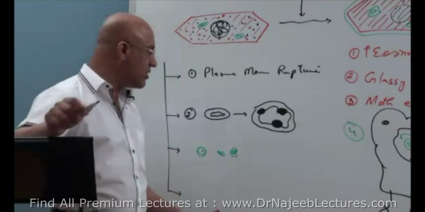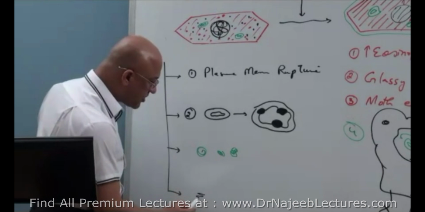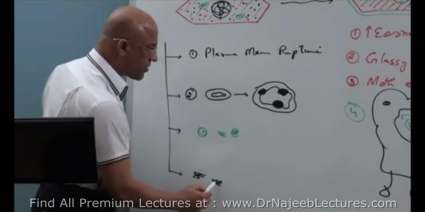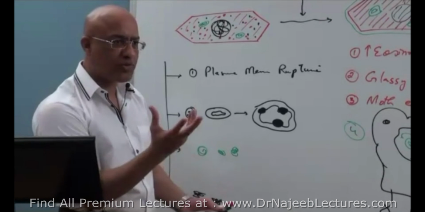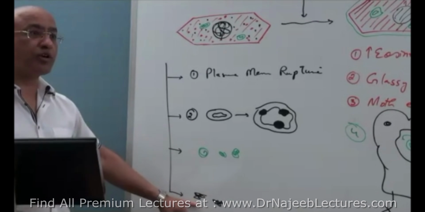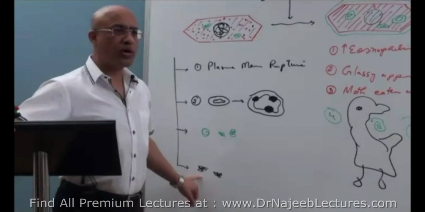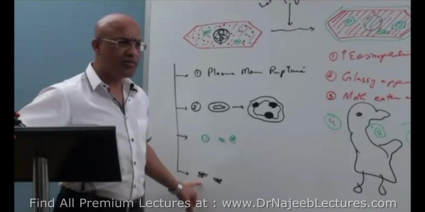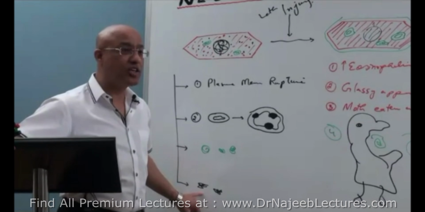Then within the cell, in the cytoplasm also, there may be some amorphous deposits. These may be denatured proteins. Amorphous fluffy material may be present in the cytoplasm of a necrotic cell, which can be visualized by the electron microscope. In the necrotic cell, it is denatured proteins.